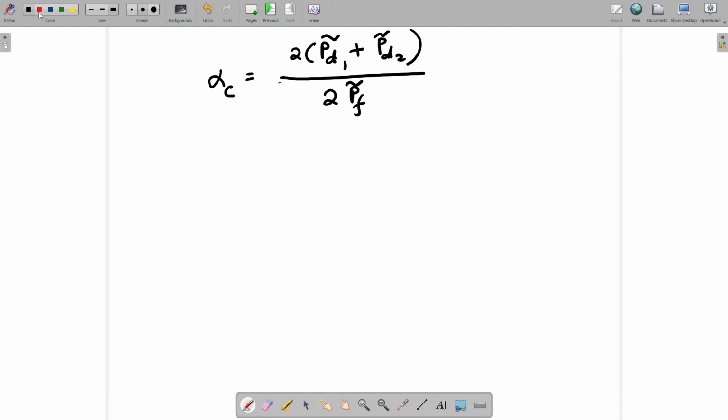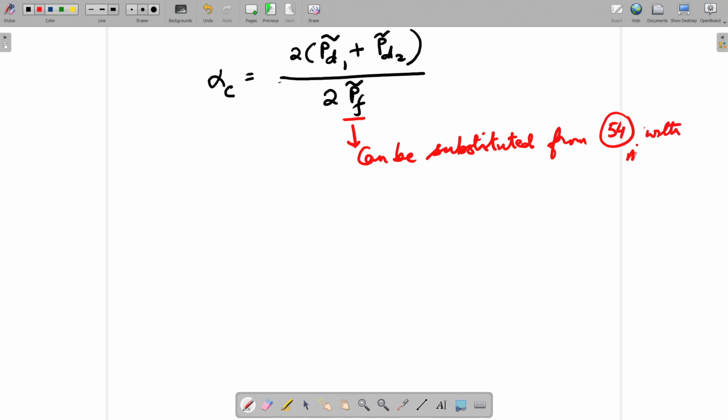So, P f tilde can be substituted from expression 54, which we have already evaluated, with m equal to 0 and n equal to 1, corresponding to the T 01 mode.